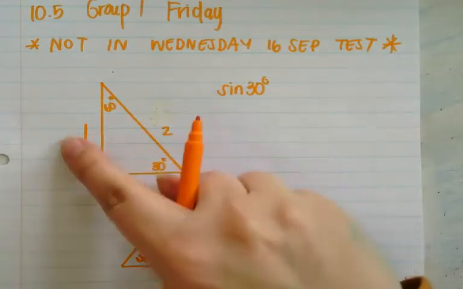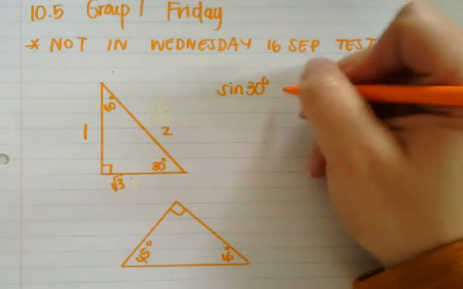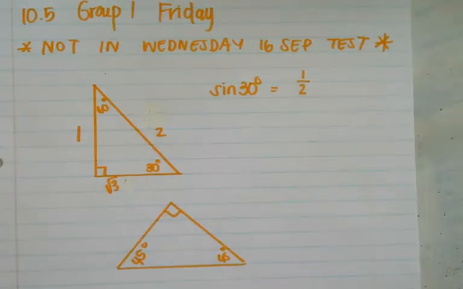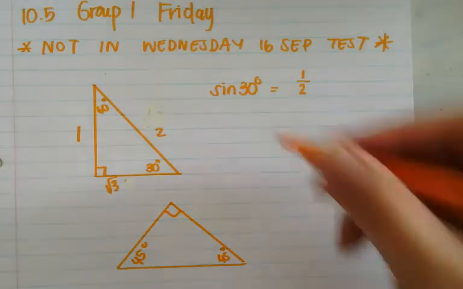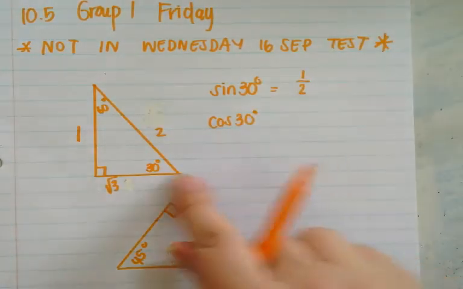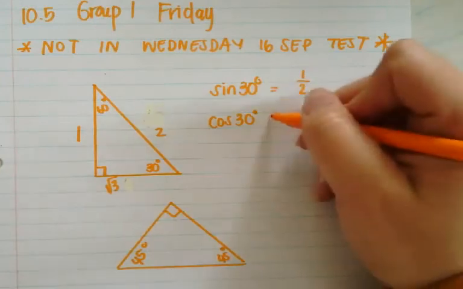So sine of 30 would be opposite over hypotenuse. So sine of 30 will always equal a half, no matter the size of that triangle, because it will simplify to 1 over 2. Cos of 30 degrees will always be adjacent over hypotenuse.